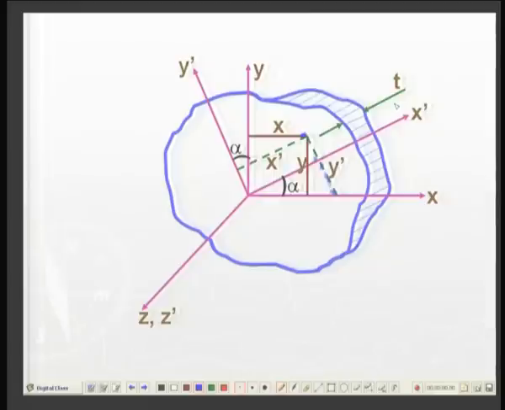We can now project these x dash and y dash onto the x axis and y axis and set up a trigonometric relation and substitute, but that procedure we used for the area moment, the second moments of area. Now, here we are using the correspondence.